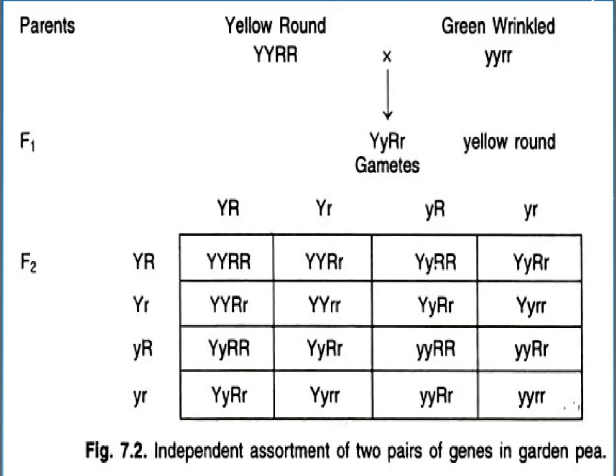The genes involved in crossing segregate independently during gamete formation. The alleles of one gene can freely combine with alleles of another gene, and random or free assortment of alleles of two genes leads to formation of new gene combinations.